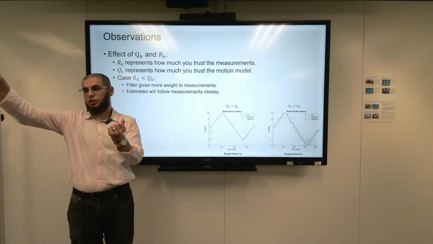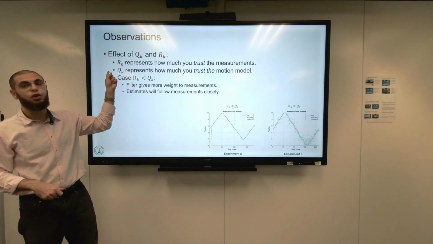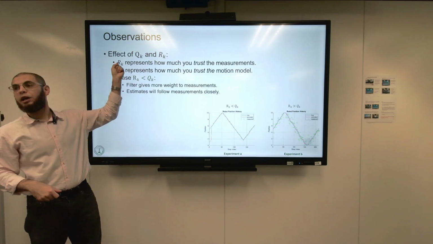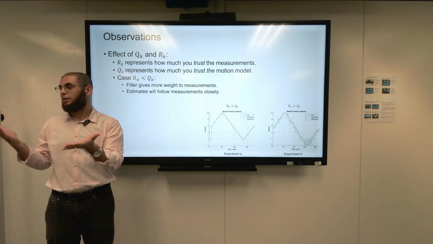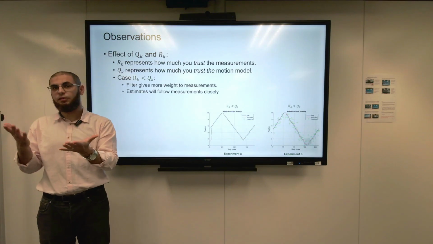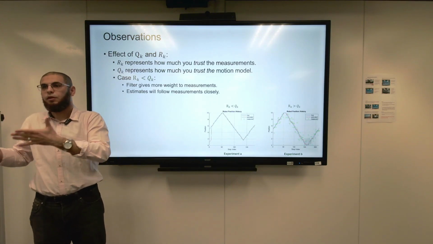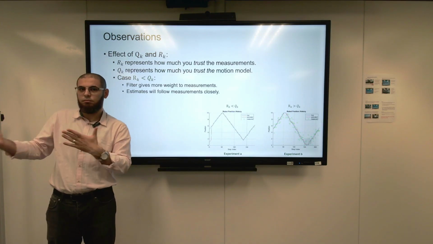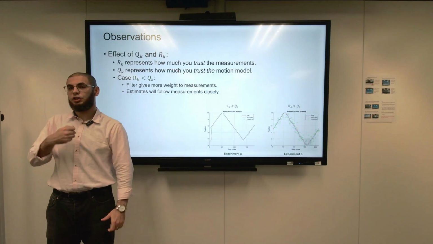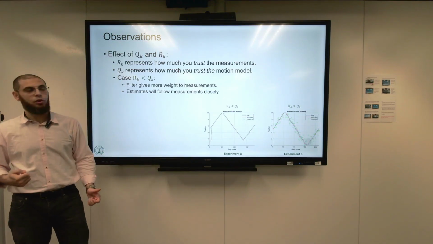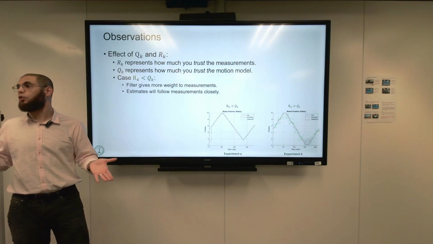So you have a prediction, and the Q affects it, and you have a correction, and the R affects it. So by playing around with the R and the Q, you're telling the filter to trust more the prediction versus the correction. Exactly. The prediction is using the state transition model, while the correction is using the measurement model. So you're telling it, trust one or the other.